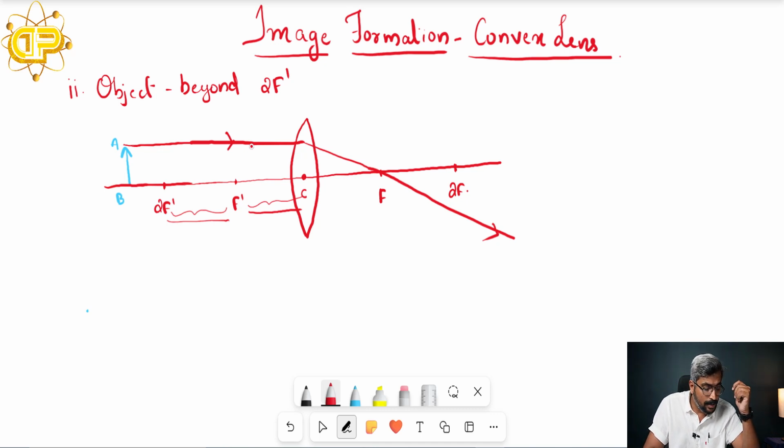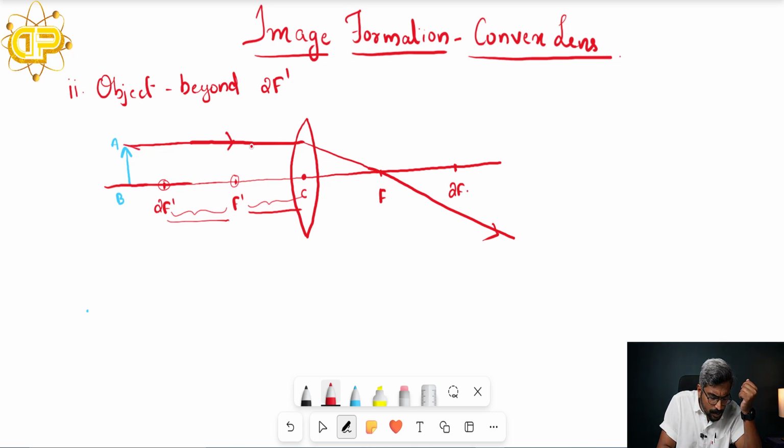Now you can take either 2F' or F', and for my convenience I'm just taking F', or otherwise I can also take the optical center. Let us see what happens here.